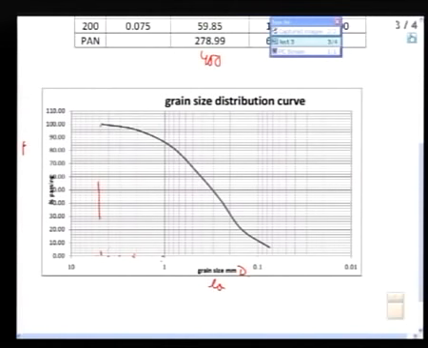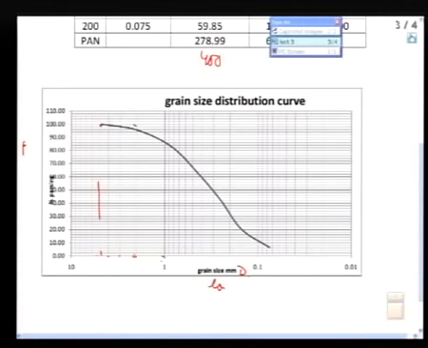How much percentage do we have? 100. Okay, so this is the point. The next one is number 10, which has 2 millimeters, right? This is 1, this is 2. 100 also. I don't have to draw between 100 and 100. We will begin from where we go down.